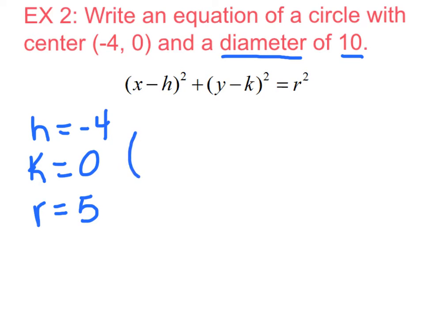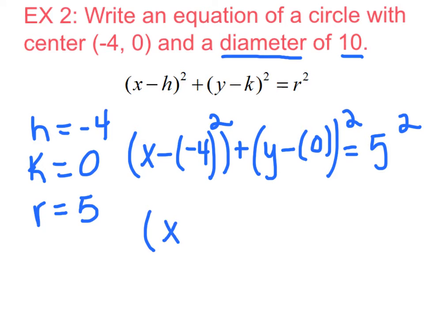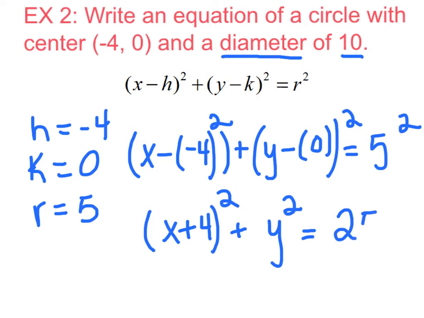When we plug it in, x minus -4 squared plus y minus 0 squared equals 5 squared. When we clean this up, it's going to say x plus 4 squared plus, now the 0, we don't put y minus 0, we put y squared equal to 25. This is our final answer.